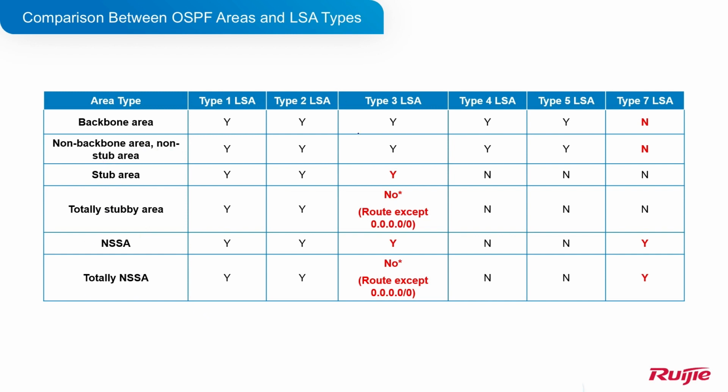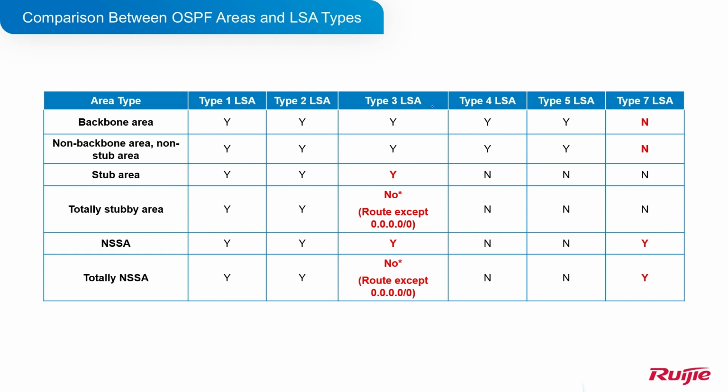For every area, we have Type 1 LSA information and Type 2 LSA information, right? Because Type 1 and Type 2 flood just within one area. Okay, and Type 3 means inter-area, between two areas, right?